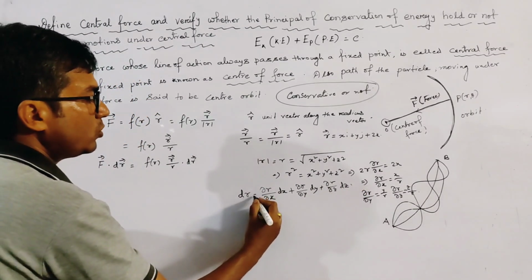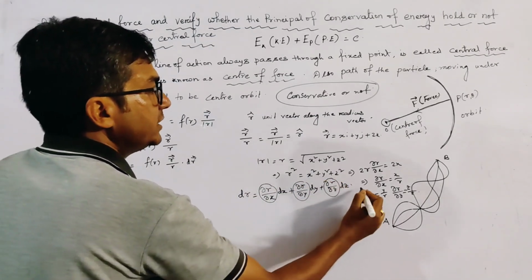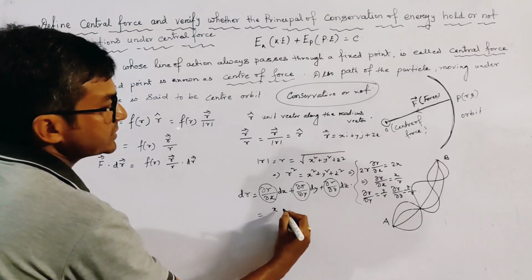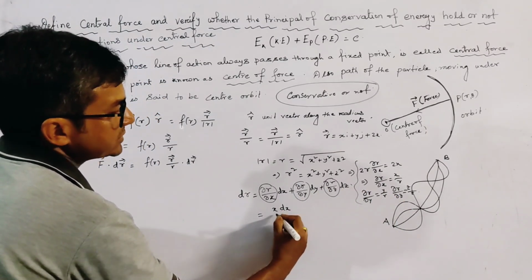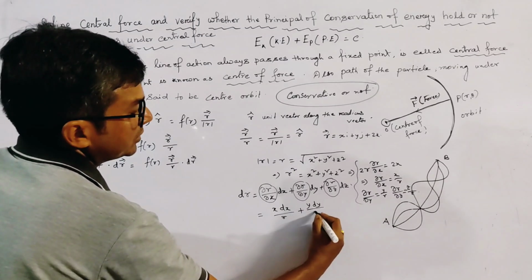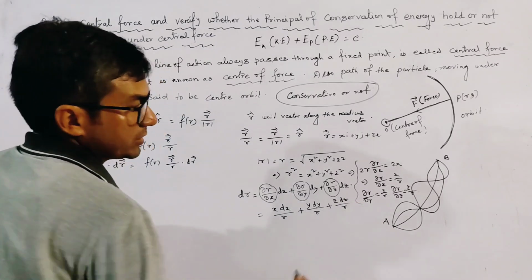And we put the value of del r by del x, del r by del y, and del r by del z from these three relations, and get x into dx by r plus y into dy by r plus z into dz by r.